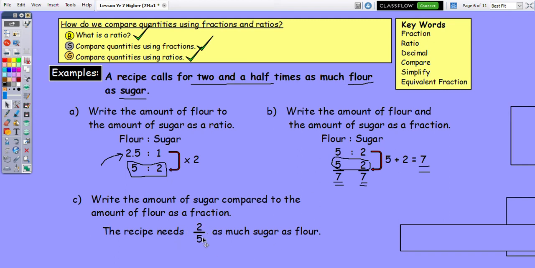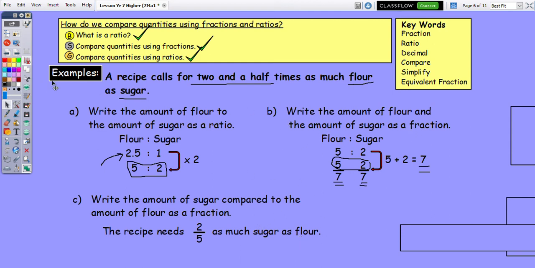The amount of flour is 5 parts. So these 2 types of questions are different, and it's in the wording. Here I have a total, and here I'm writing one fraction compared to another fraction, or one quantity compared to another quantity. So just be aware of that.